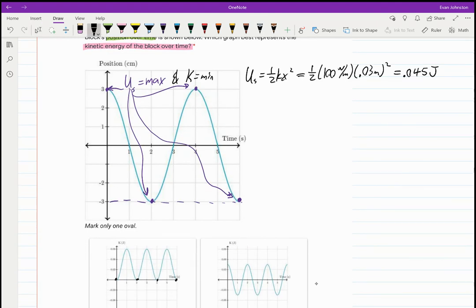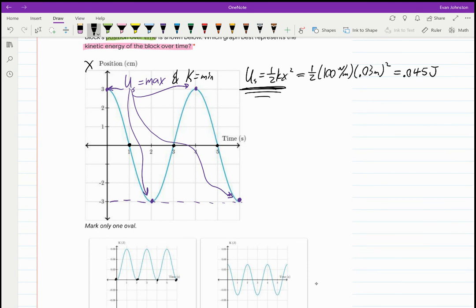Well, if we have zeros there and we look at the points where this graph has zeros, this is really our x value. If our x value is 0, well, that means there's no spring potential energy, right? If x is 0, the U, our potential energy, is 0.